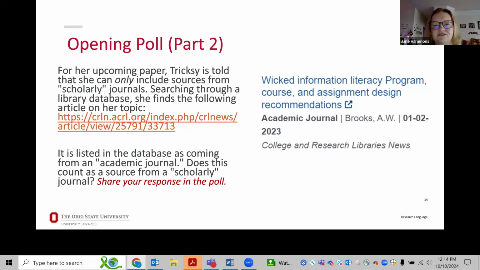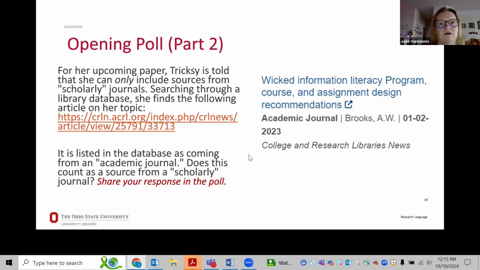All right, so we're going to go ahead and launch the second poll here. I'm going to go back. Launch the second poll. Okay, hopefully you should be seeing that as the second poll. Your question is, does this count as a source from a scholarly journal? Folks seeing the poll? Looks like maybe not. We'll try it again.